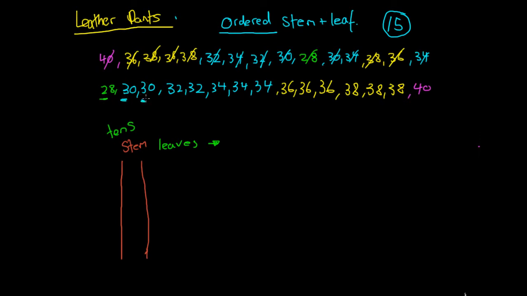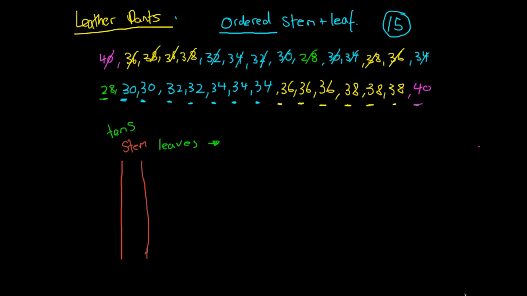For 32, 3 lots of 10 plus 2. For 34, it's 3 lots of 10 plus 4. And it's the same, so 3 lots of 10 for any numbers in the 30s, and 4 lots of 10 for any numbers in the 40s.